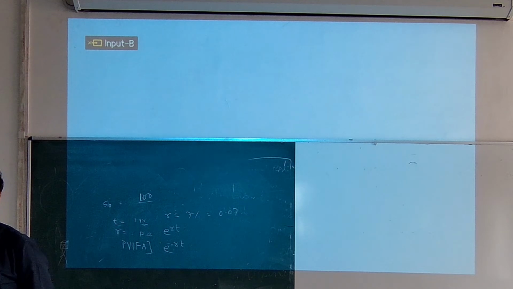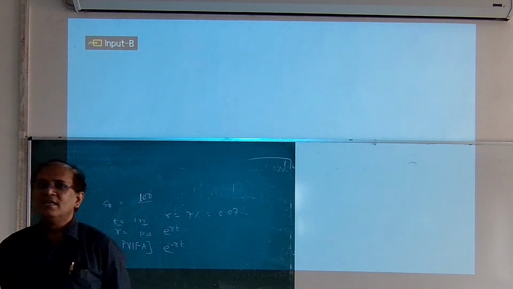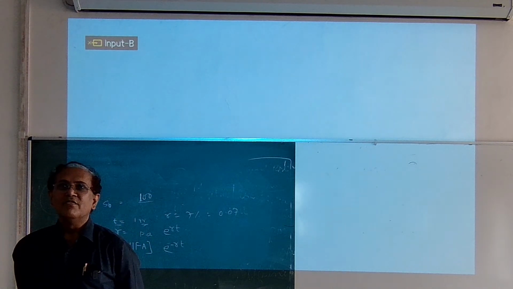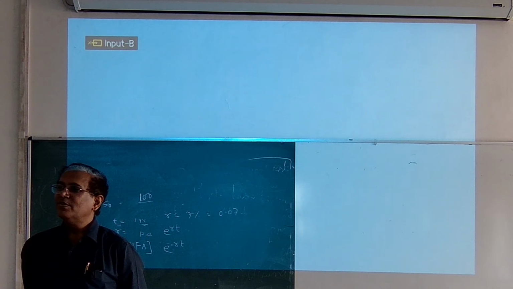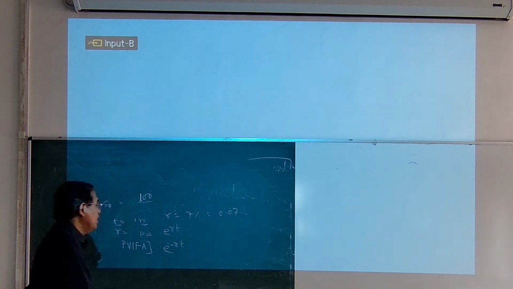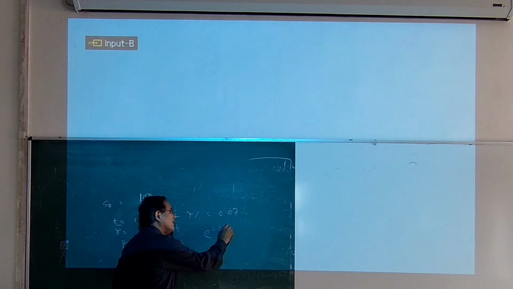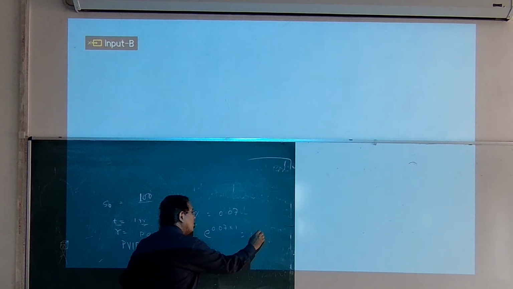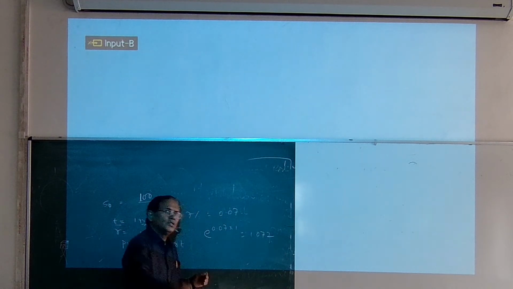Now, not for examination, not for an academic environment, but practically, if I am in an environment where I don't have a scientific calculator to easily calculate e to the power RT, I can simply calculate through normal PVIF also. So what will be the value? Here e to the power 0.07 into 1 is making 1.072.